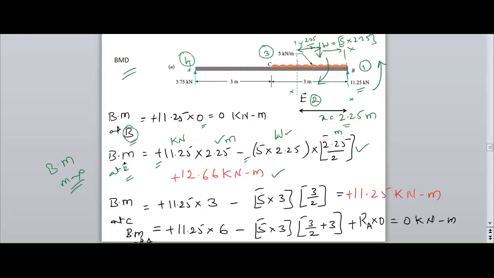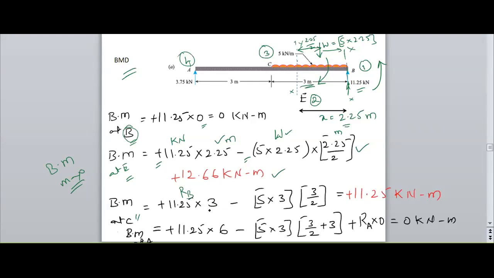So E is completed. Now the next point is C. I need to find the bending moment at C. Here the forces are RB, the first one, into the distance from C. The point load from C is at a 3 meters distance.